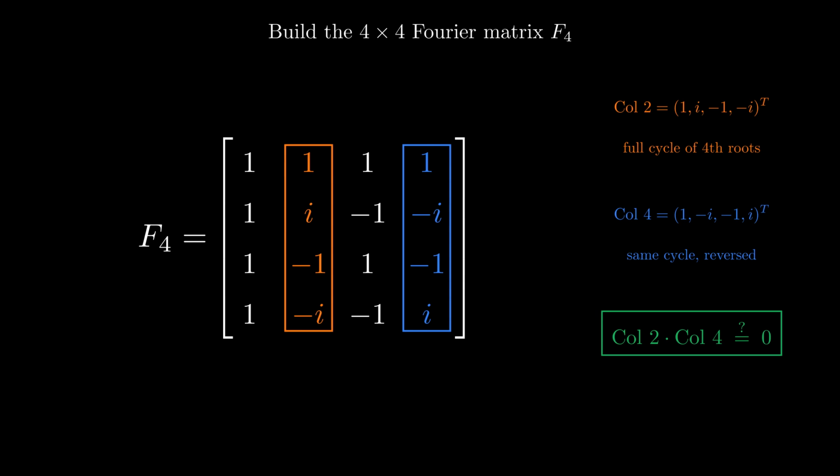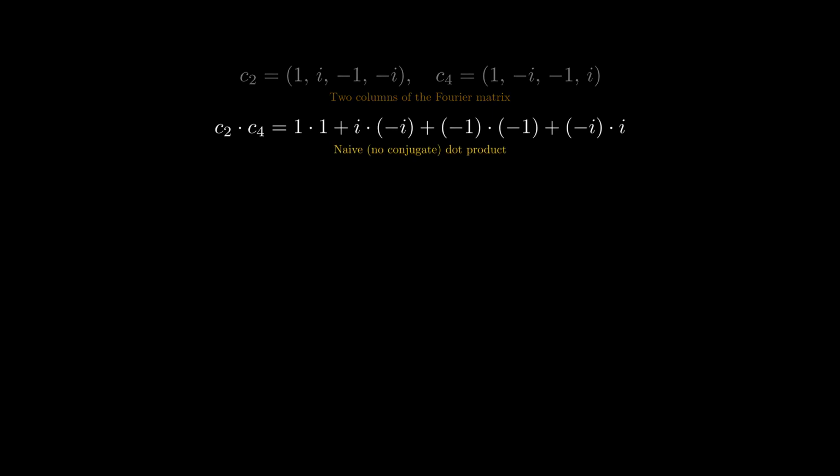Let's test it by pairing the second column against the 4th. Let's try the ordinary dot product with no conjugation. We multiply entry by entry and add. Take column 2, which is 1, i, -1, -i, and column 4, which is 1, -i, -1, i. First entry, 1 times 1 is 1. Second entry, i times -i, that's -i squared, which equals 1.